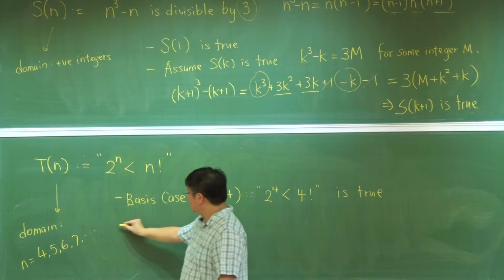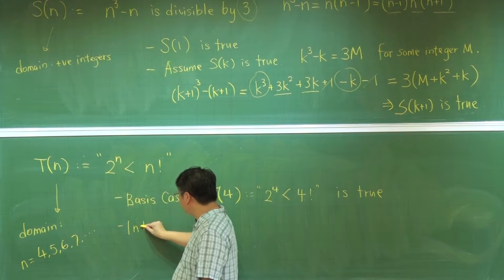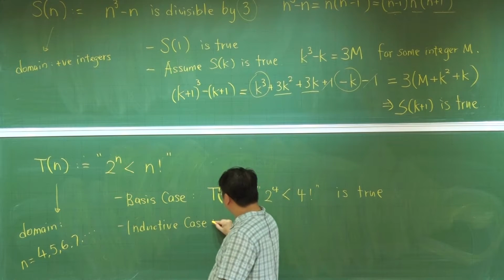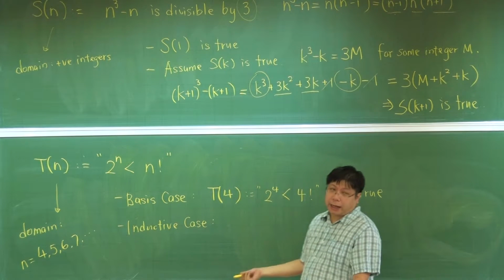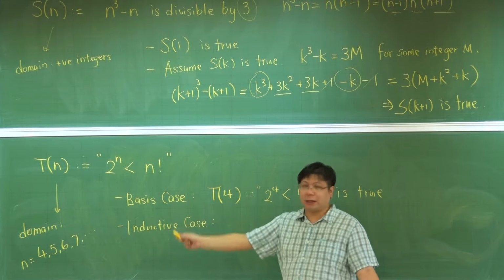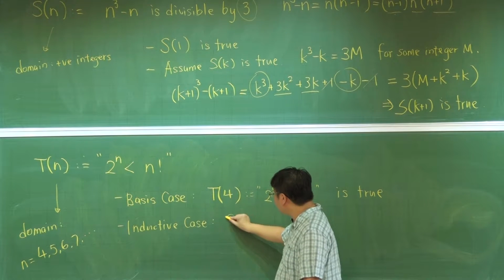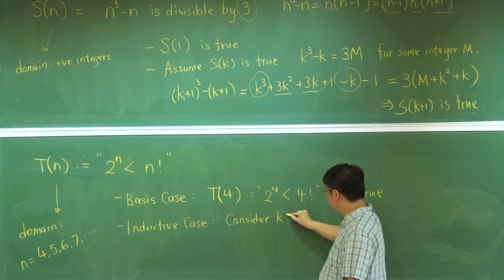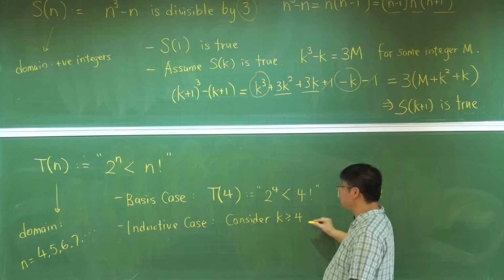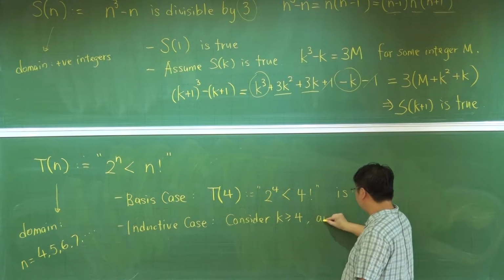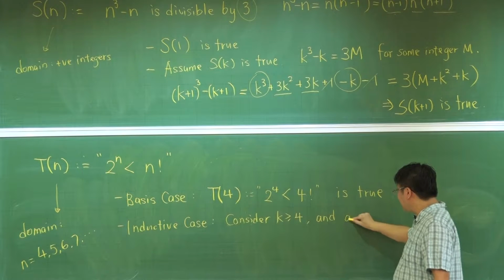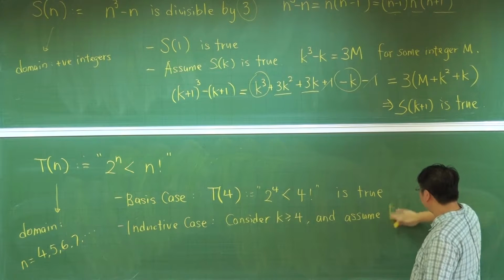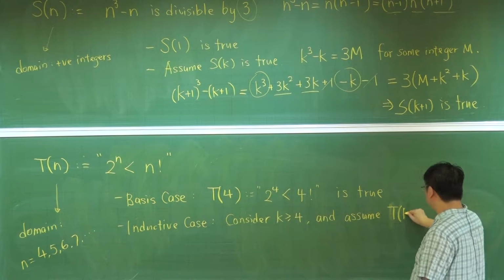So here the inductive case will be as follows. We can actually strengthen the inductive case because we are not interested in n equal to 1, 2, 3. So we can consider only the k that is greater than or equal to 4 and assume that Tk is true.